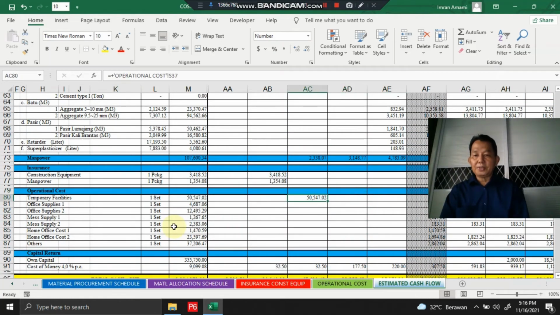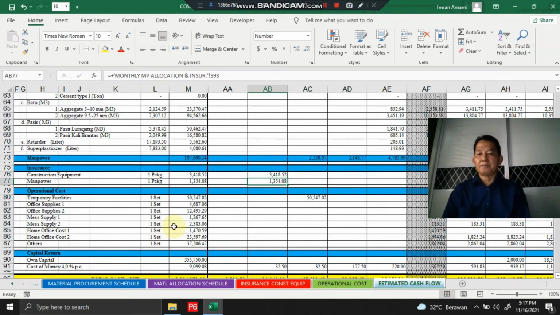Okay, and then for the office, the temporary facility, and the construction equipment, we allocate this cost 4 months earlier, before the first month of concrete supply. Also for the manpower insurance, 4 months earlier.